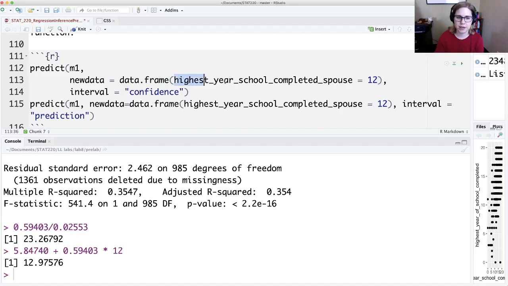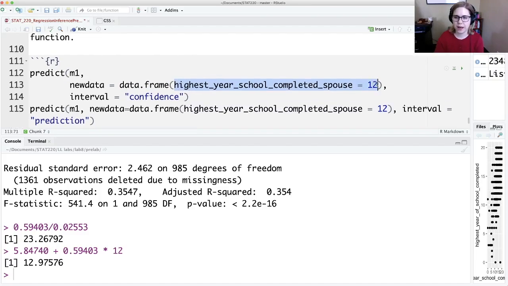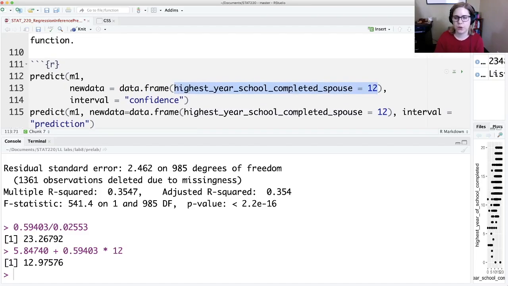And inside that data.frame, I'm going to define the value for the explanatory variable that I want to make a prediction about. In this case, I want to make a prediction about people whose spouse's highest year of school completed was 12. And then I'm going to put another comma, and then I'm going to say interval is equal to, in quotes, confidence.